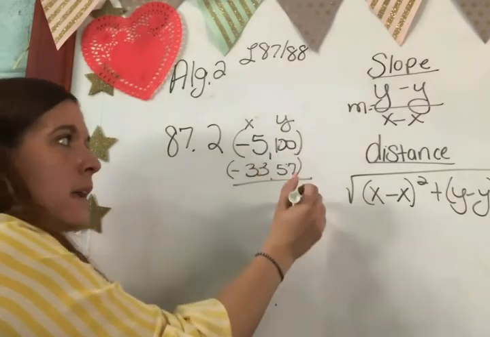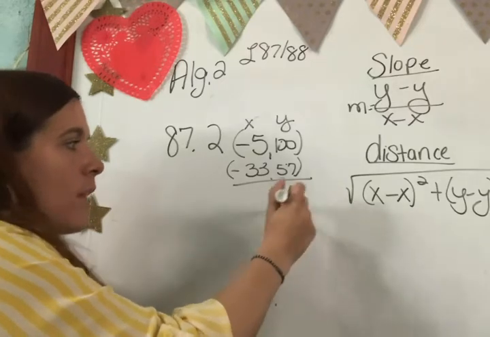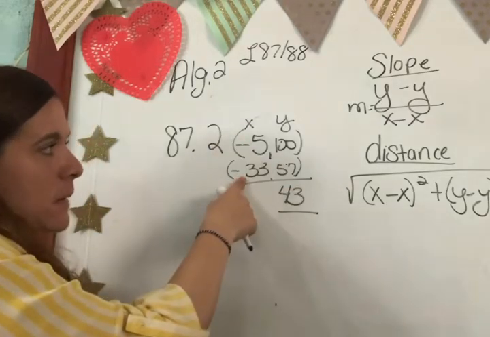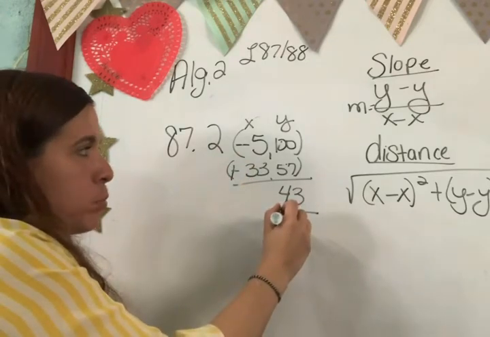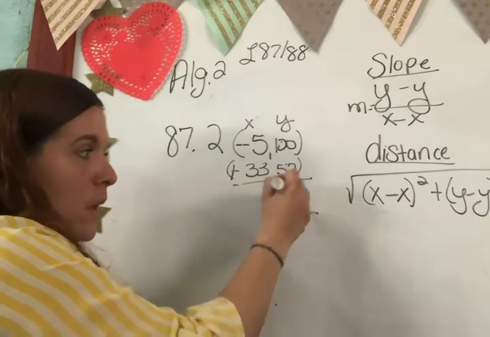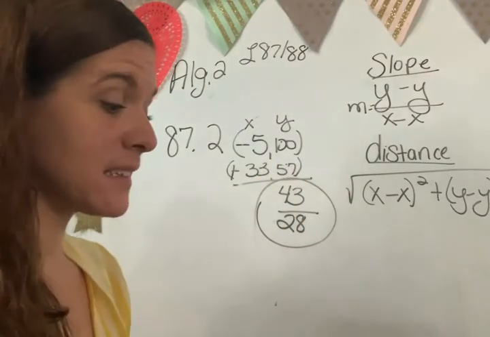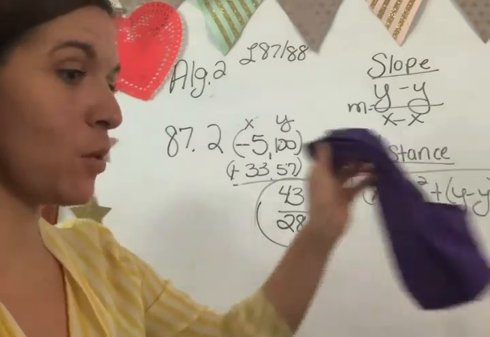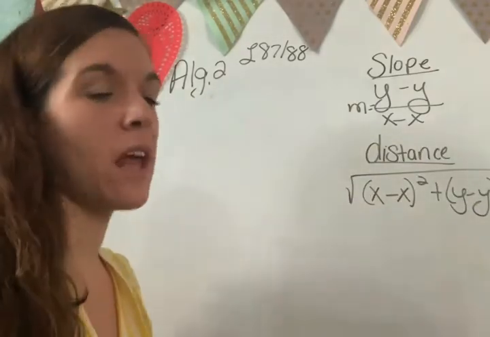Y minus y is going to be 43. And then x minus x is going to be positive 33. So it'll be 28, right? And that's your slope. Okay? And that is literally lesson 87. How cool is that? So go ahead and try that practice right there, and I'll come back and show you the answer and how we got it.